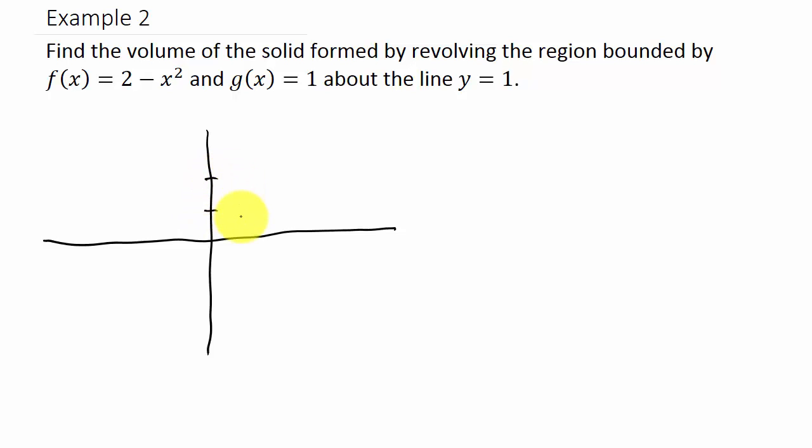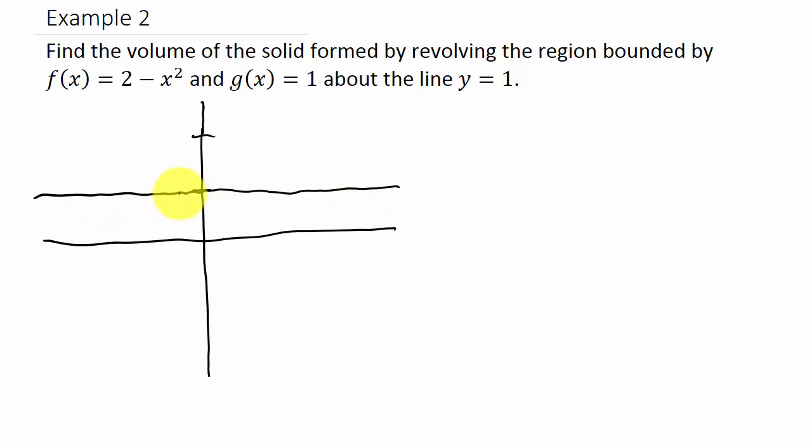I'm going to space this out a little more. First let's graph g of x equals 1. That's also the line y equals 1. So there's g of x.